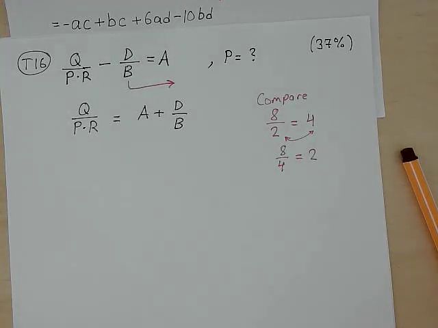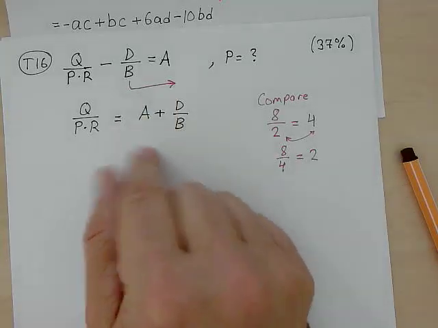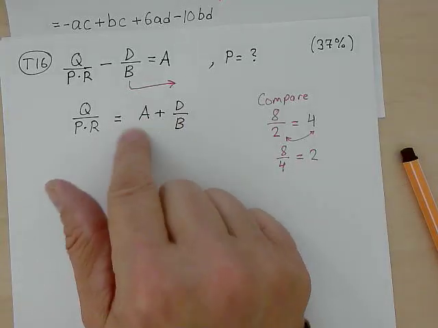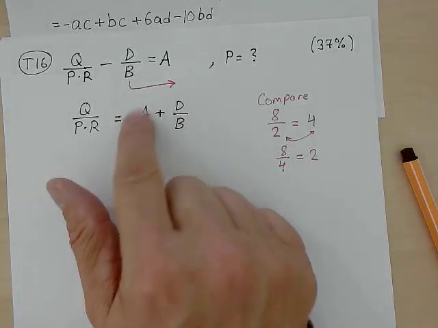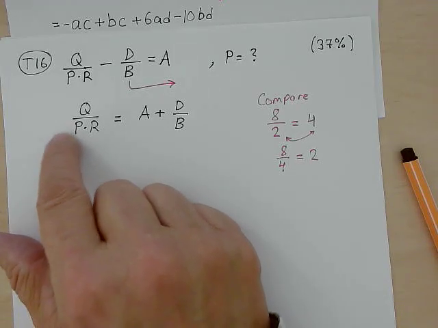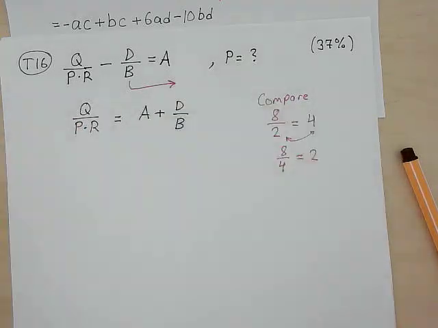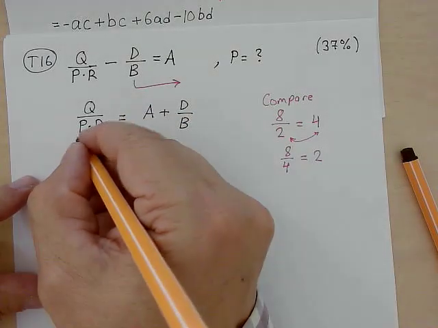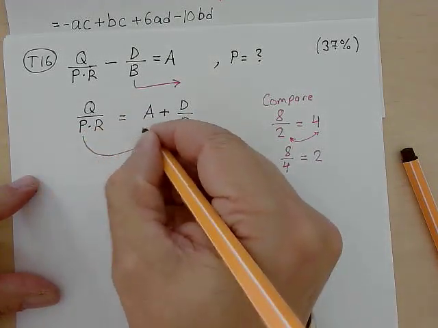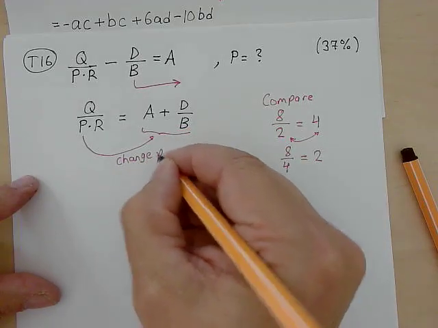And here it is also possible to do the same. So if we have this kind of expression on the right hand side, and we have p downstairs on the left hand side, it is okay to change the places of these. So actually this and this change places.